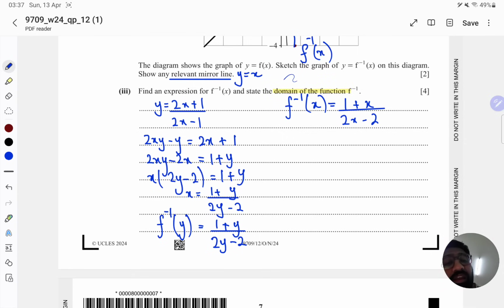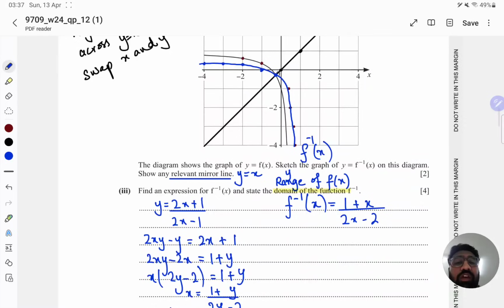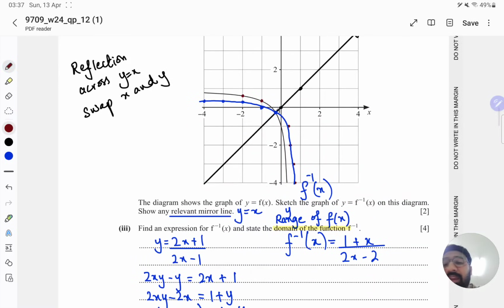Domain of the inverse means range of the function, range of f of x, and range basically means the value for y. If I go back to my original graph, the black line over here is basically approaching the value for y, but it is not going to meet that value of y.